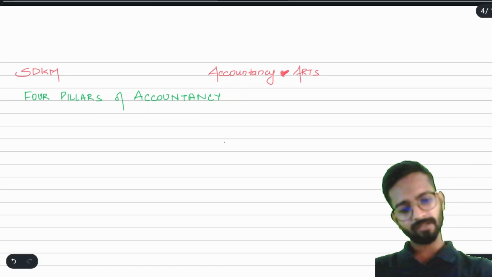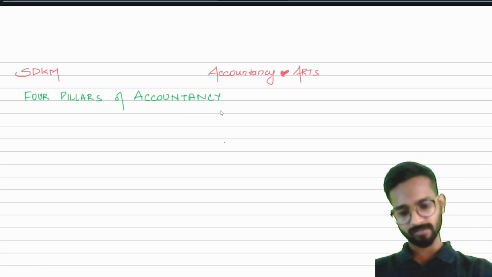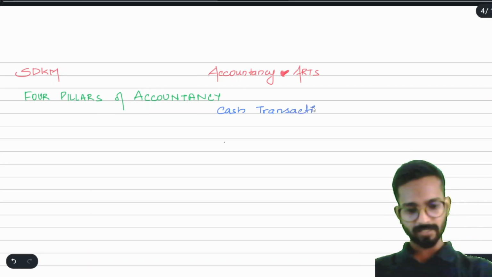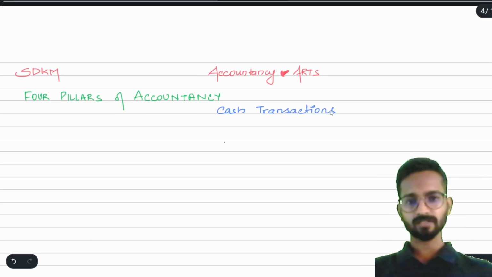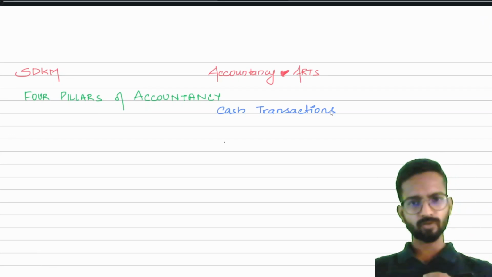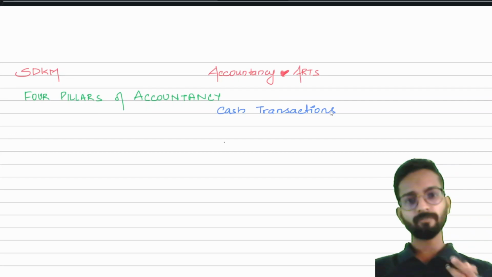Now, if I write here what can happen in the cash transactions, if I ask you, tell me a few cash transactions, what can those be? You will say, sir, you have made the sale and you received the money. Either you would have paid the rent, payment of salaries, or you have purchased the goods and services.